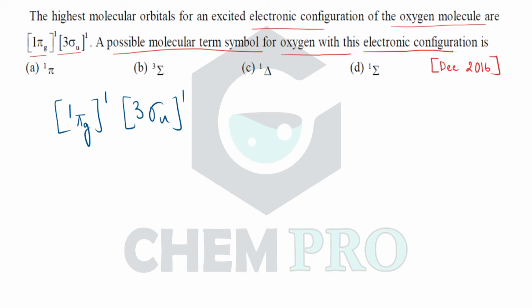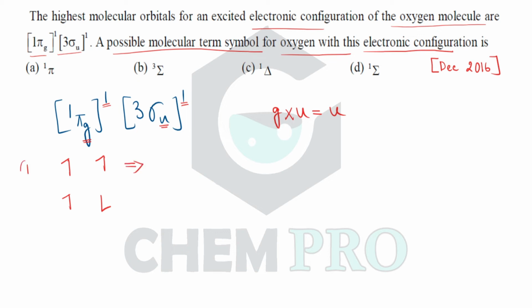Now the given configuration is 1 pi g1 and 3 sigma u1. Here this is g and this is u, so g into u will be u. Here it is 1 electron and 1 electron, so the electrons can be parallel or antiparallel.